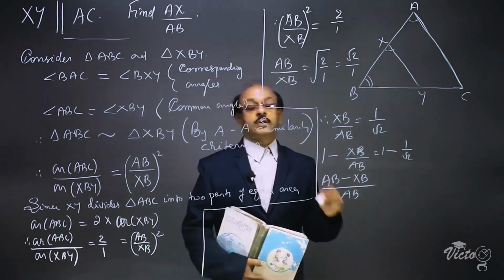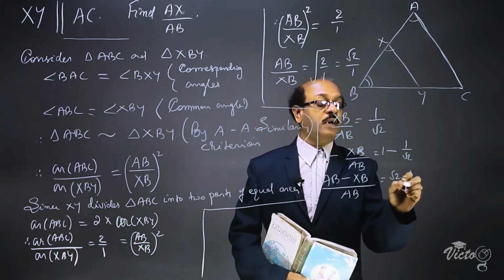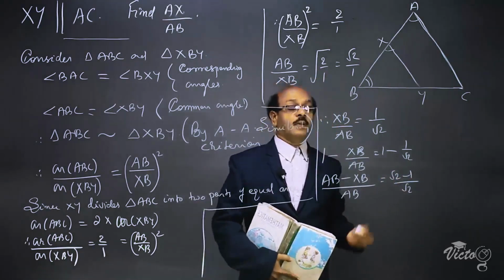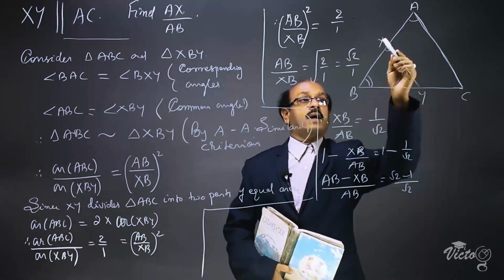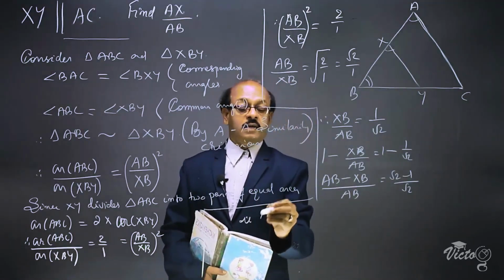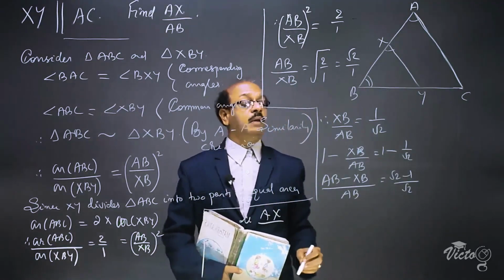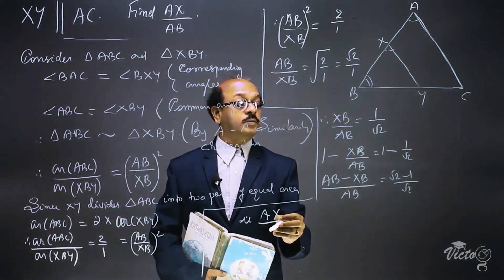Taking the LCM, we get root 2 minus 1 divided by root 2. From the figure, AB minus XB is equal to AX. That is AX divided by AB.